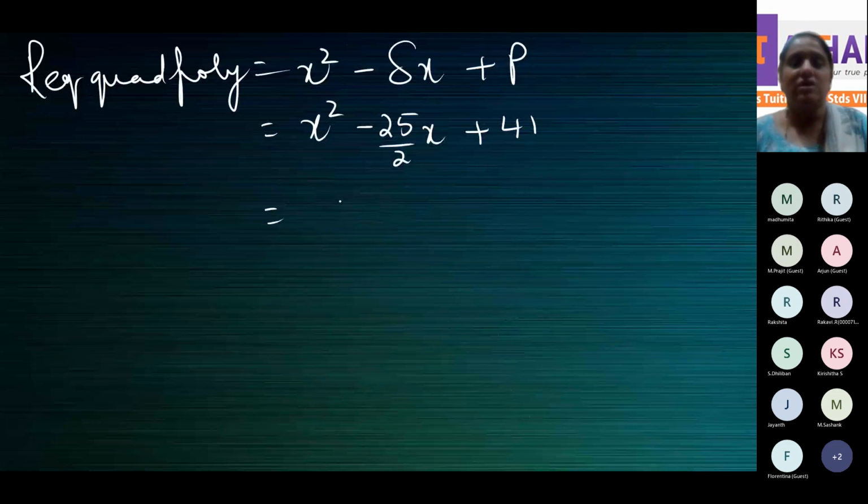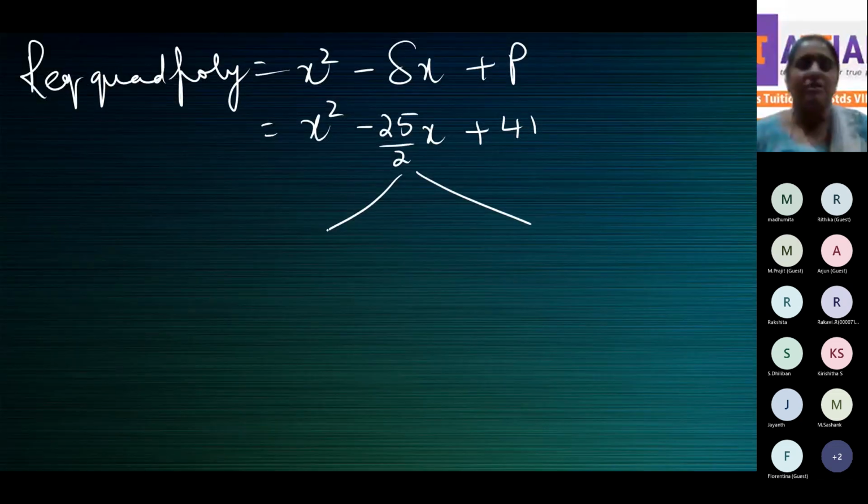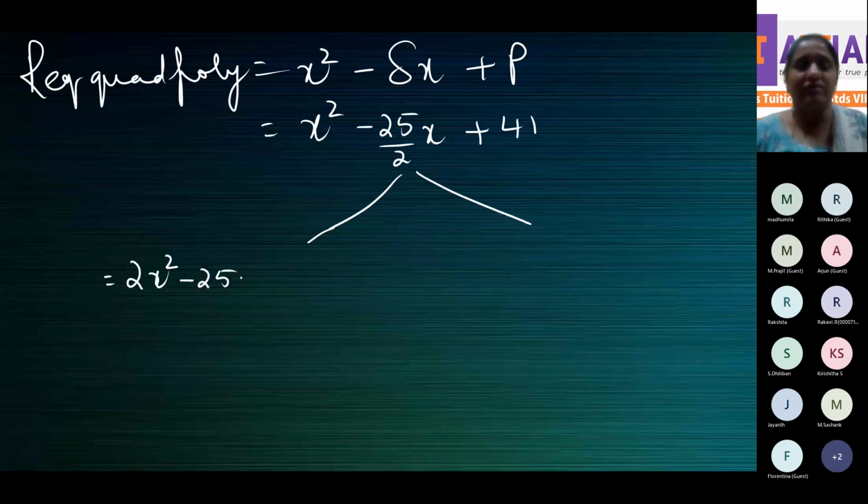After this step, you can proceed in two ways. One way is you can multiply by 2 throughout, so you will get 2x squared minus 25x plus 82, and this is the answer.